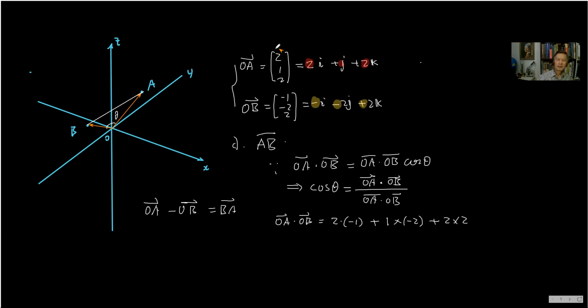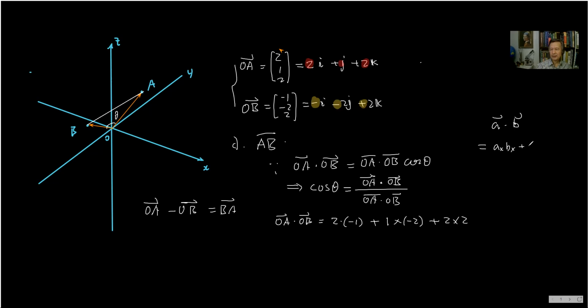Okay. Can you write a formula for me? Yeah, put it here. So if you have A dot B, if you use the 3D form, that would equal AX BX plus AY BY plus AZ BZ.